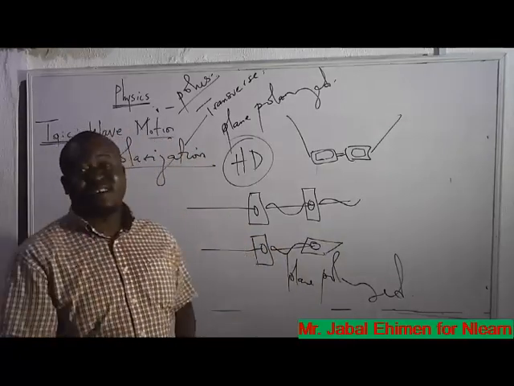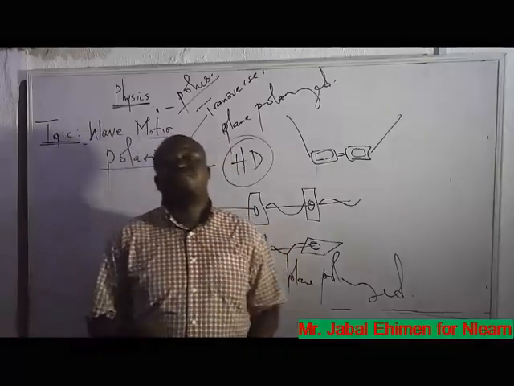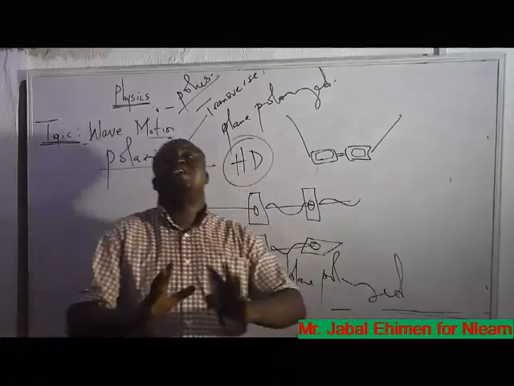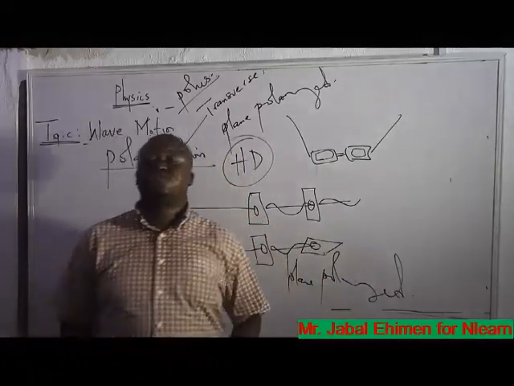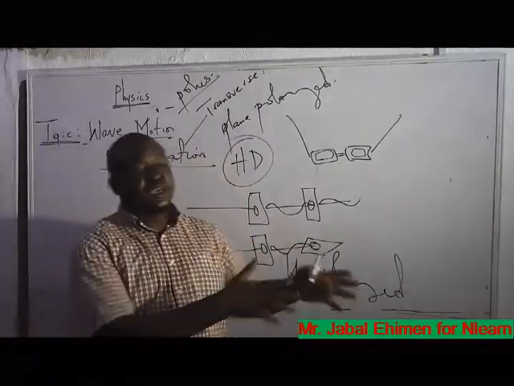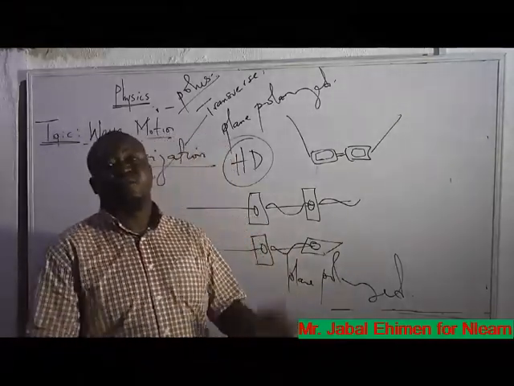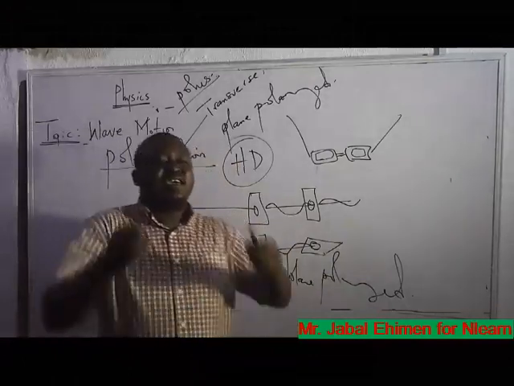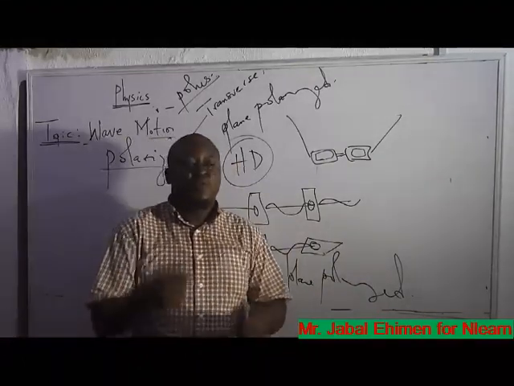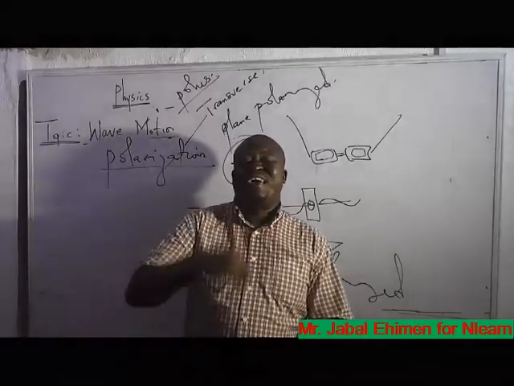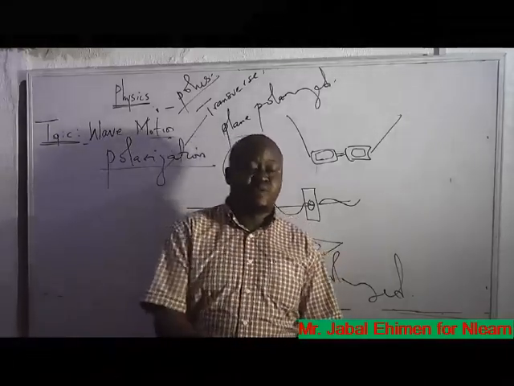But remember, polarization is just a way of making light flow in one direction. And when it does that, it becomes plane polarized. And what are those physical things that you use in causing this to happen? You have things like calcite, tourmaline, and quartz. They are examples of things that when direct light passes through them, the light that comes out on the opposite side becomes plane polarized.